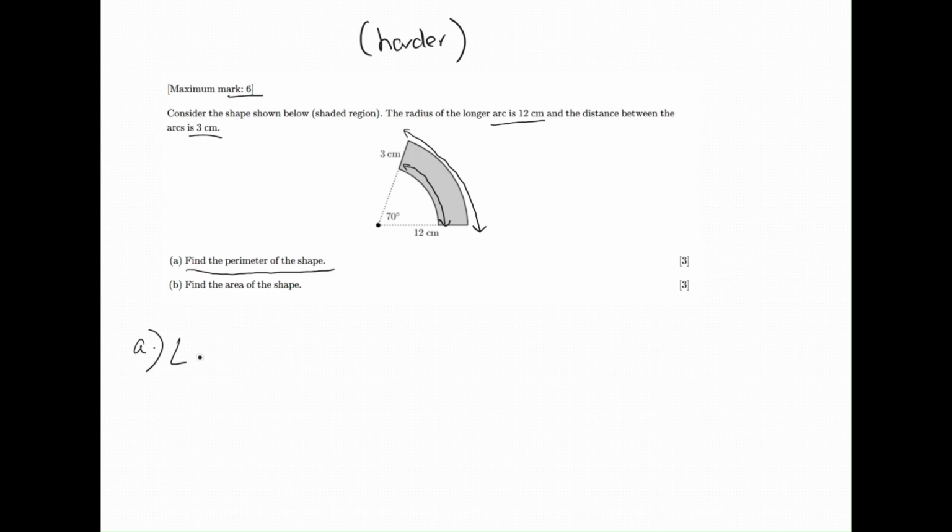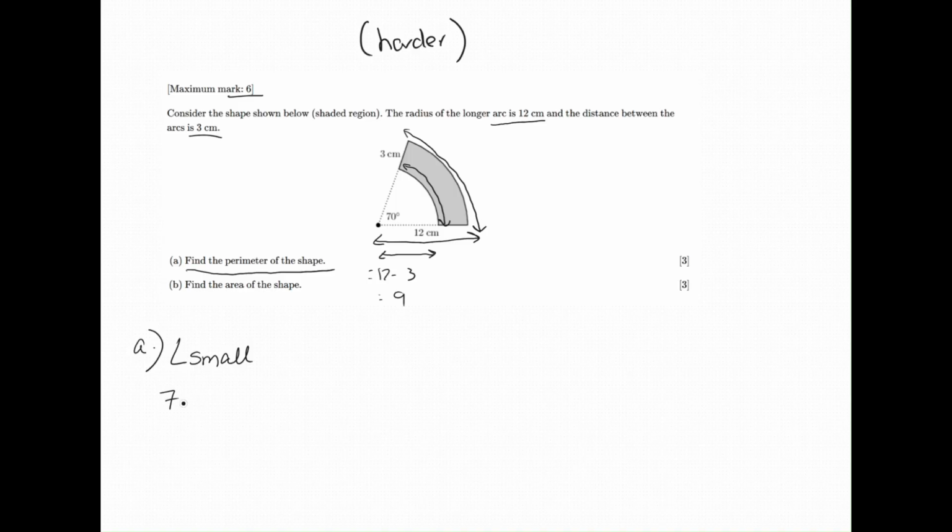So to work out the length of the small arc, the radius is 12 minus 3, which is equal to 9.